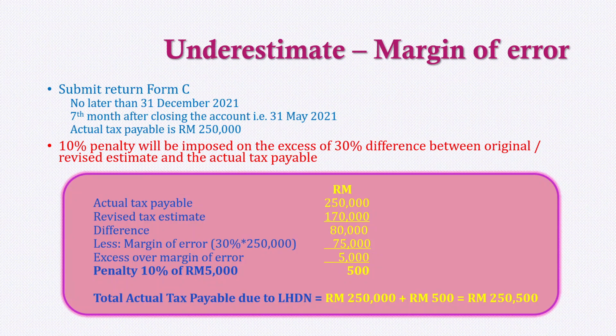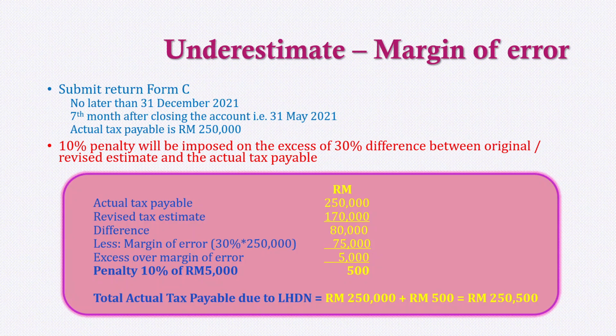Here, the year end is 31st May 2021. So we must submit our Form C. For a company, for corporate, we fill up Form C. Form C must be submitted not later than 31st December 2021.